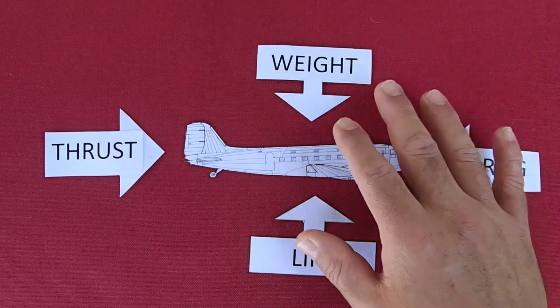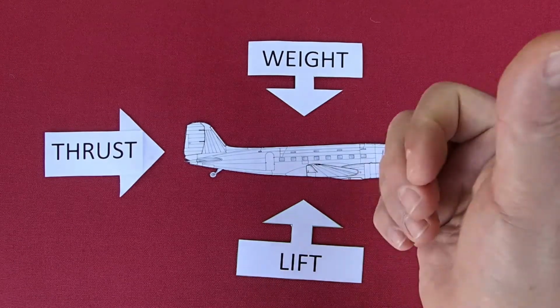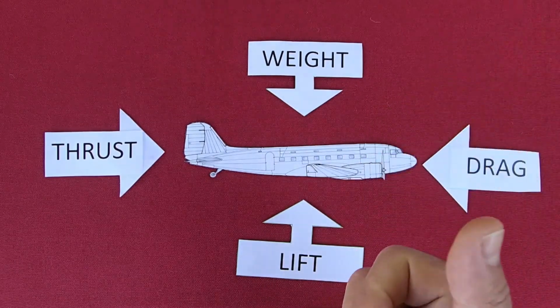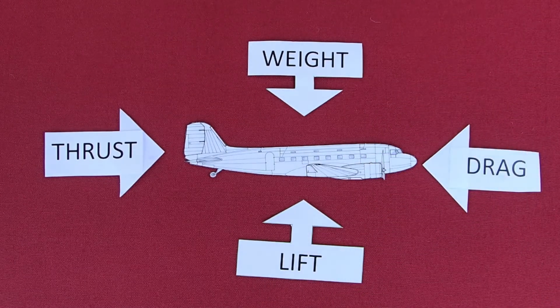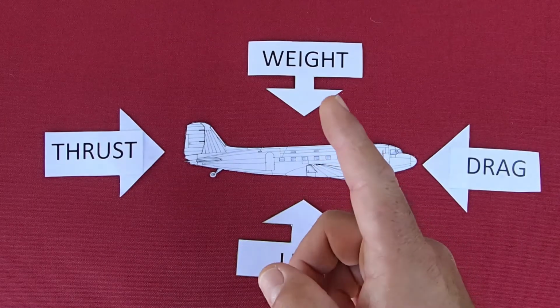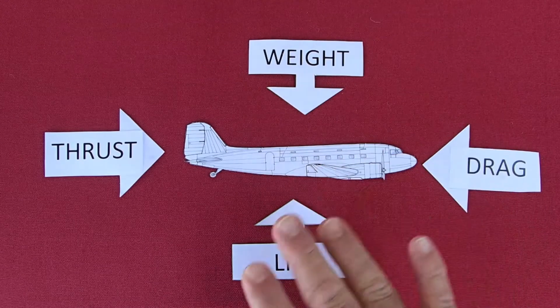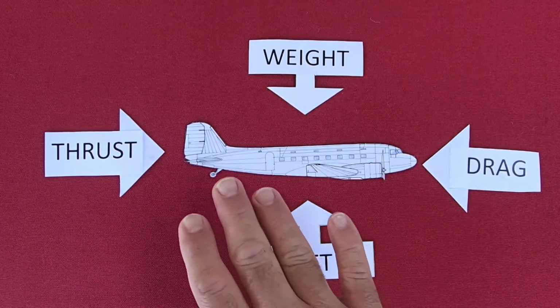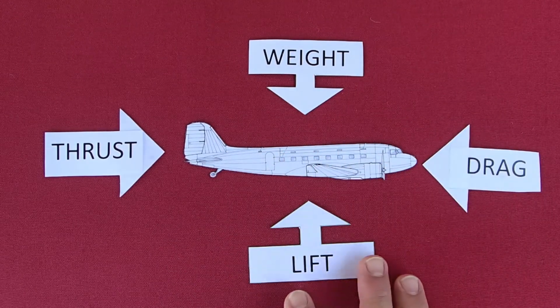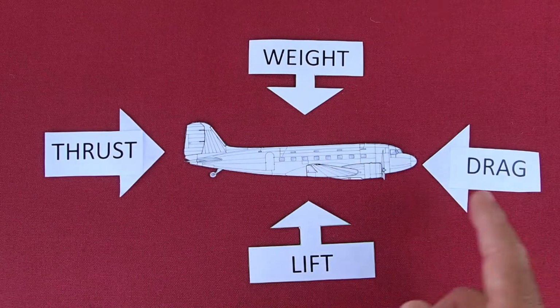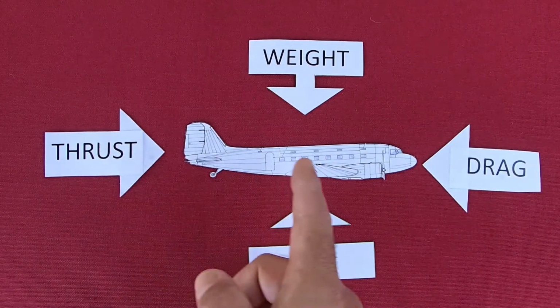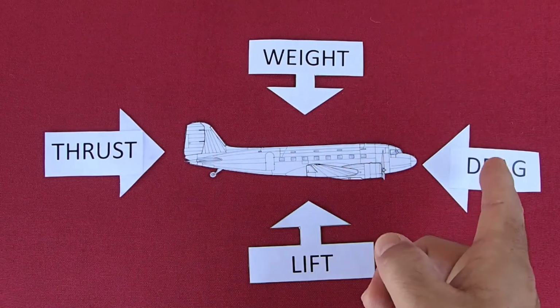Well, that's about it. Flying is, as you hear going by now, a noisy experience. But basically flying is a balance of these 4 forces: weight, lift, drag, and thrust. Thrust is provided by the engines, and it counteracts drag.